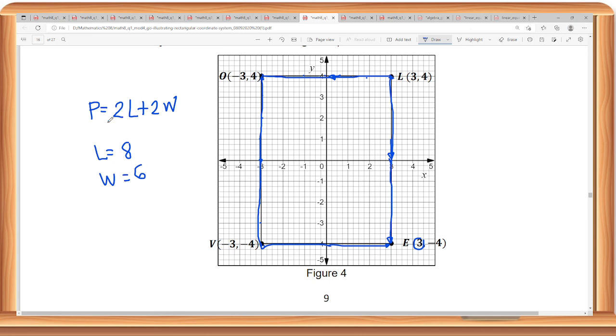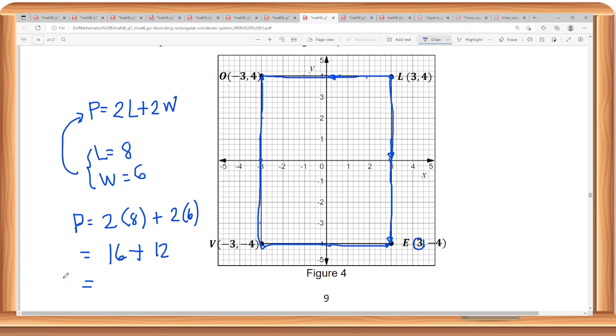Okay, so just substitute it in the formula. The perimeter is equal to twice the length, which is 8, plus twice the width, which is 6. So this is equal to 16 plus 12.